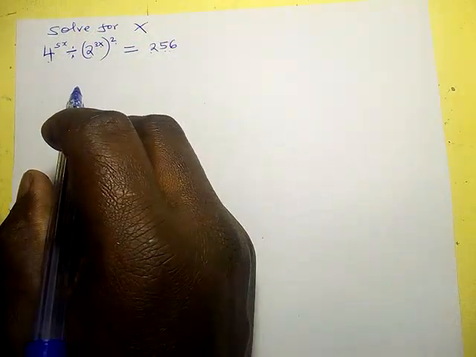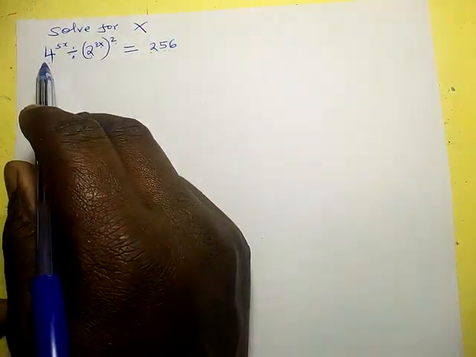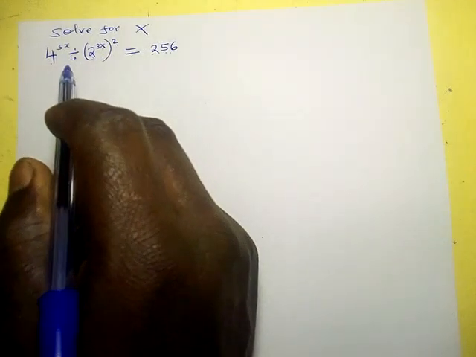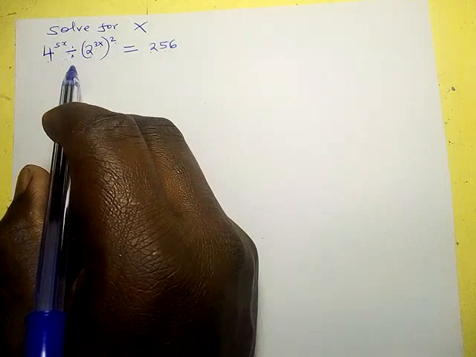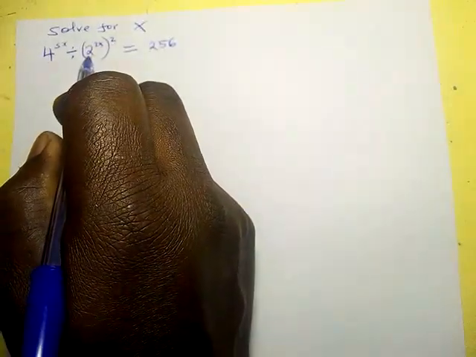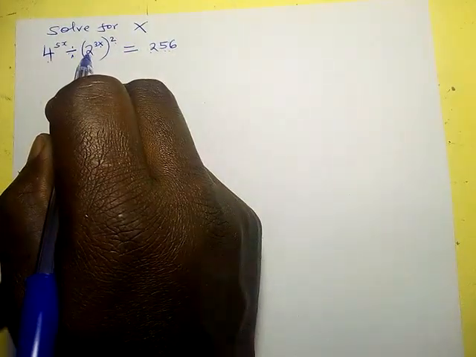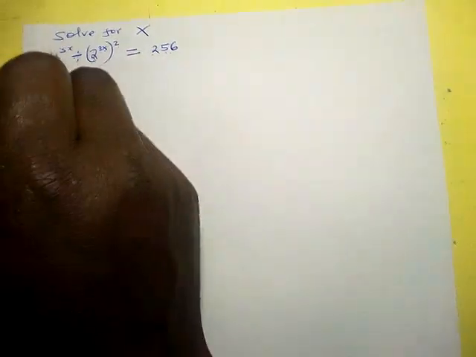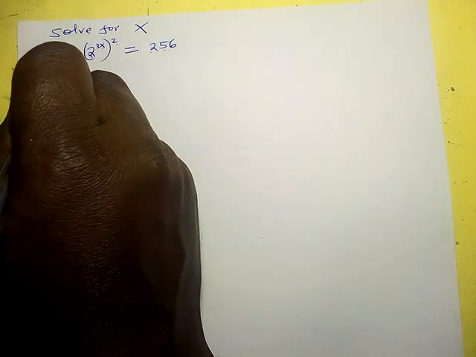The first thing we need to understand, we must make each of these numbers the same base. The base must be the same first. And our smallest base here is 2. So we write all of the other numbers to base 2. So 4 is the same as 2 raised to power 2.